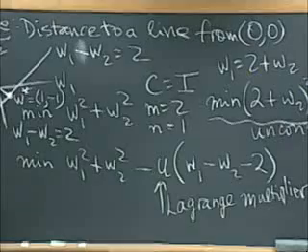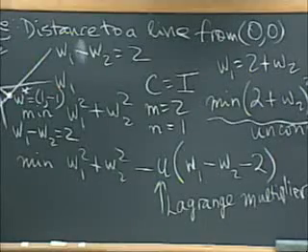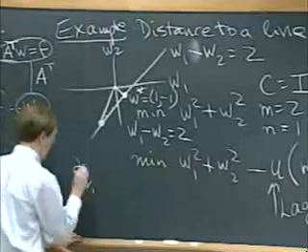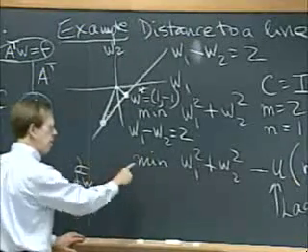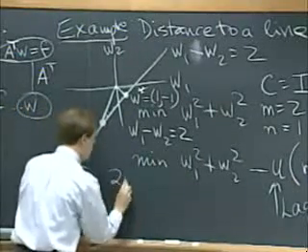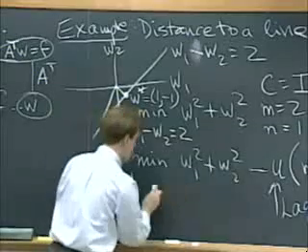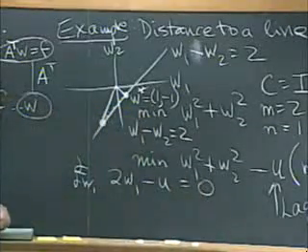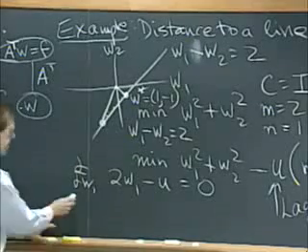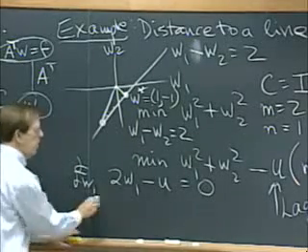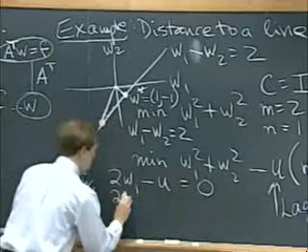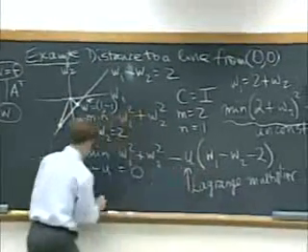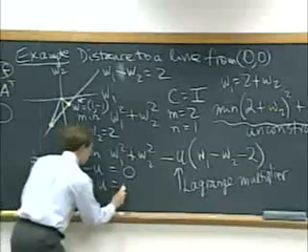First the derivative with respect to W1. What do I get? I get 2 W1s minus a U equals 0. Is that right? I set the derivative to 0. Now the derivative with respect to W2, I'll get 2 W2s, and this is a plus U, equals 0.